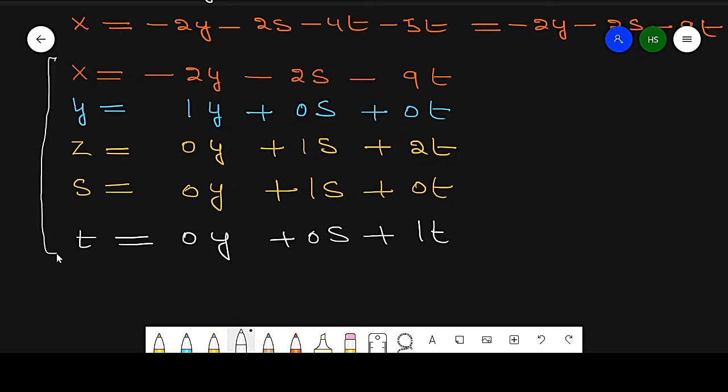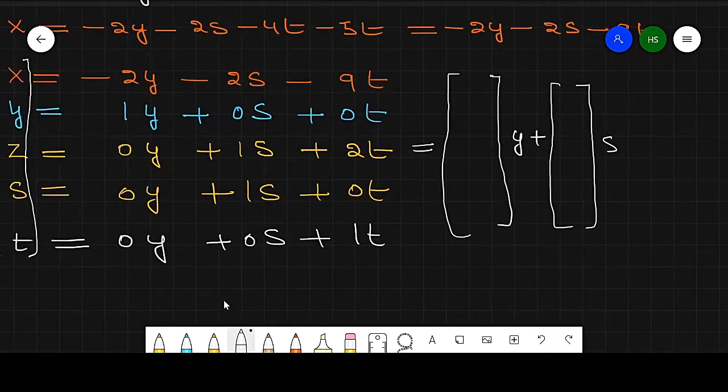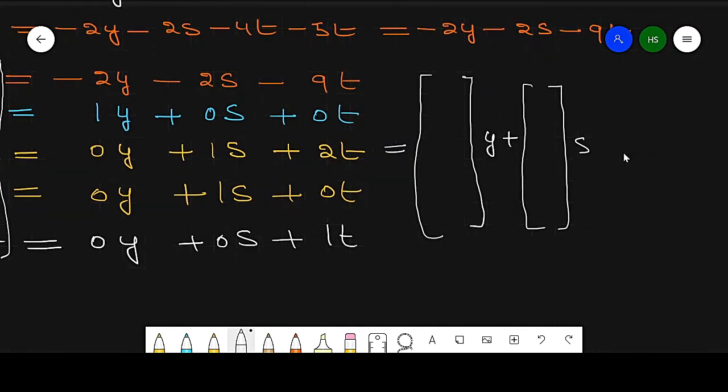This is the entire x, y, z vector. This can be written as the first vector into y, plus the second vector into s, plus the third vector into t.